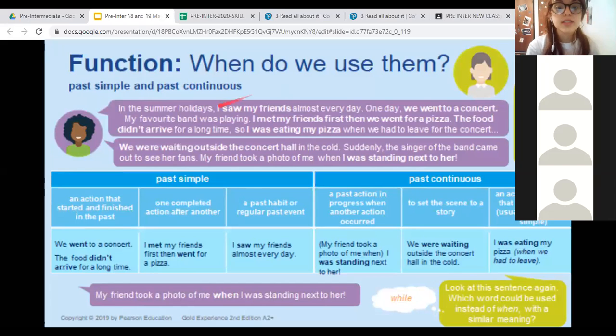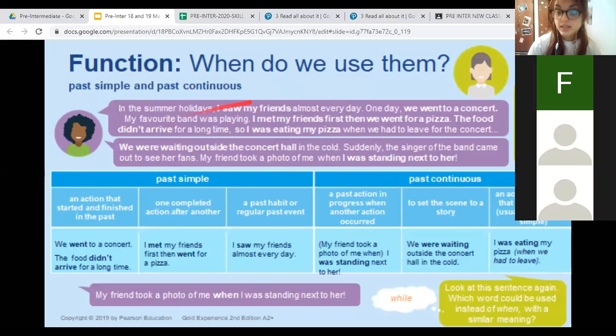Okay, this is an experience. She's telling us about a time when she went to a concert. And can you identify one instance or two of the past simple? Which verbs are in the past simple here? Saw. So my friends. Meet.